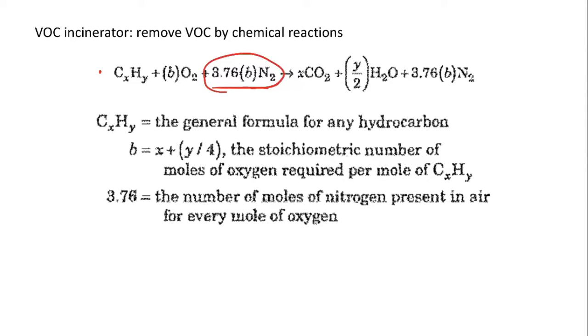So it's not participating in the reactions, but just changing the flow rate into the combustor, and also the flue gas flow rate, right? So that's why when we design the pre-cleaner or the cyclones or the ESP, when we calculate the volumetric flow rate, we need to consider the nitrogen that's being introduced into the system, right?